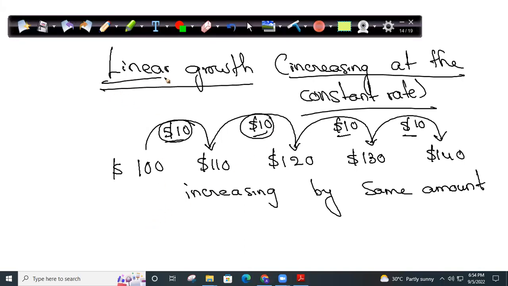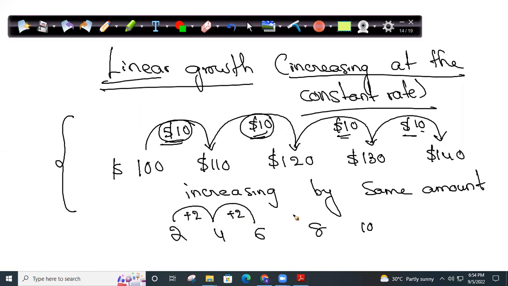They say which of the following is linear growth, means it should increase by the same amount, same number. 2, 4, 6, 8, 10 is called linear growth because 2 to 4 I'm increasing by 2, 4 to 6 I'm increasing by 2, 6 to 8 I'm increasing by 2, 8 to 10 I'm increasing by 2. So everywhere I'm increasing by a factor of 2. So this is said to be linear growth.